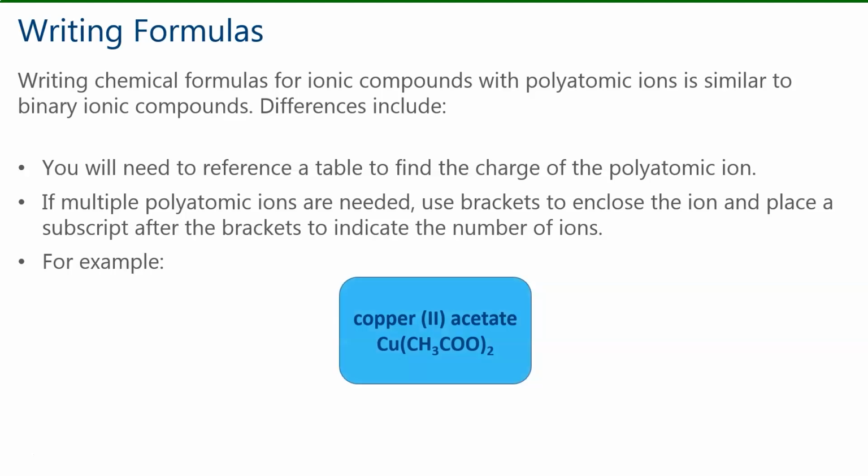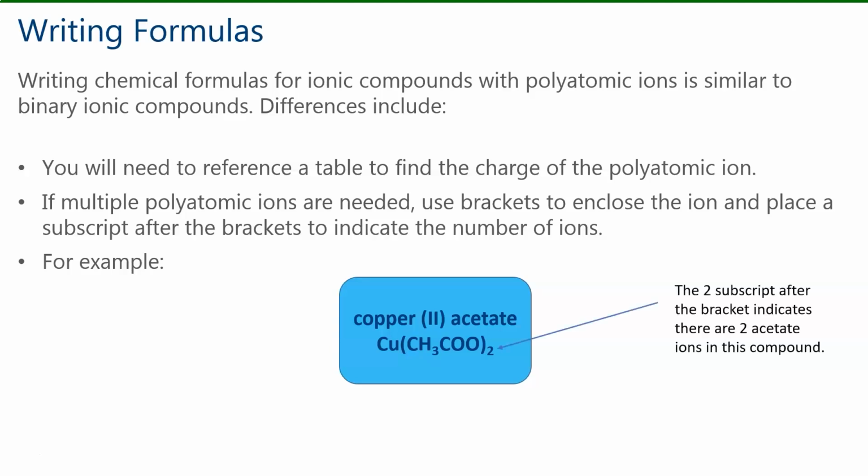For example, for copper-2 acetate, you'll notice that the acetate is in brackets with the subscript 2. The subscript 2 after the bracket indicates there are 2 acetate ions in this compound.